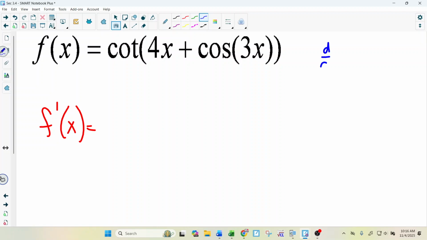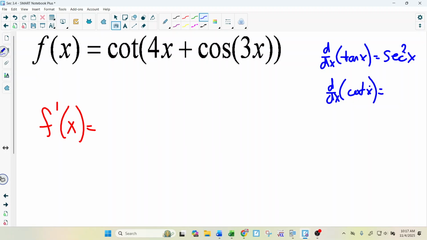Do you remember the derivative of tangent? Secant squared. So the derivative of cotangent is negative cosecant squared.